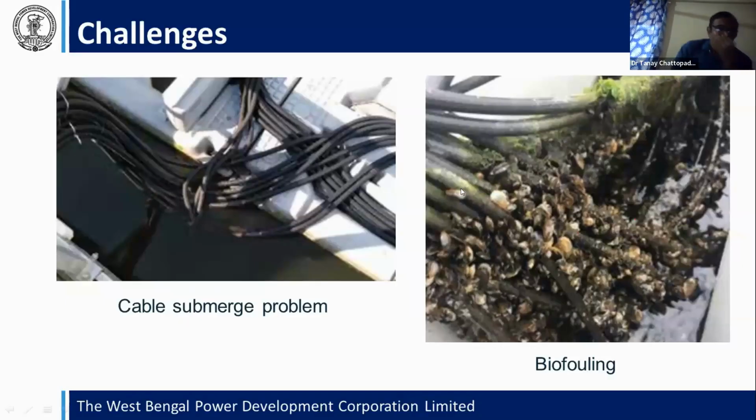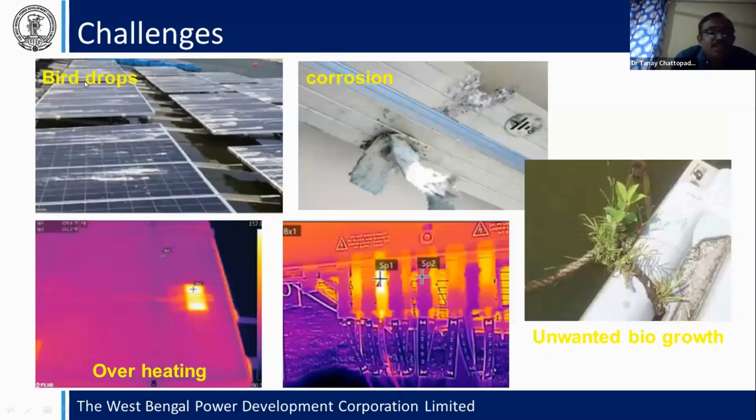Okay. And also the main thing is called bird droppings. Pollution can happen. Overheating can happen. Or by thermal imaging, you can easily detect it. And by the shadow effect, the overheating is generated.